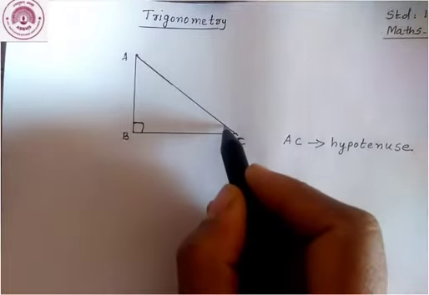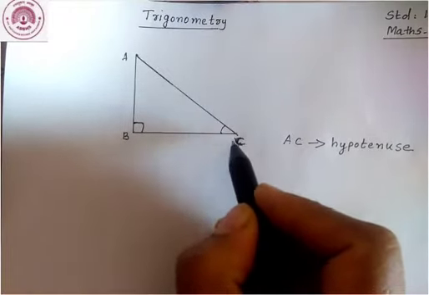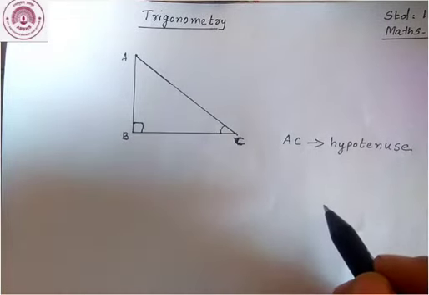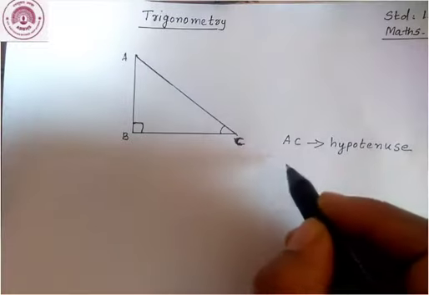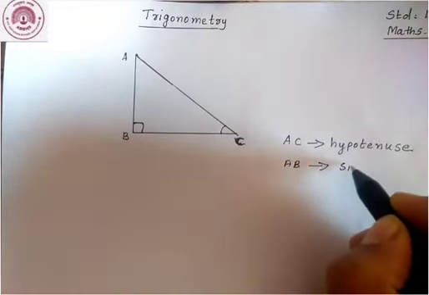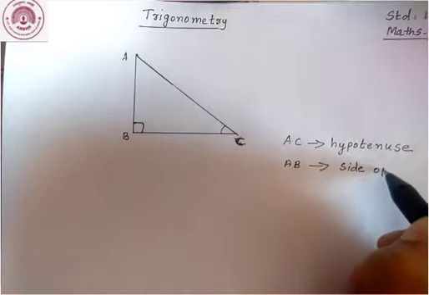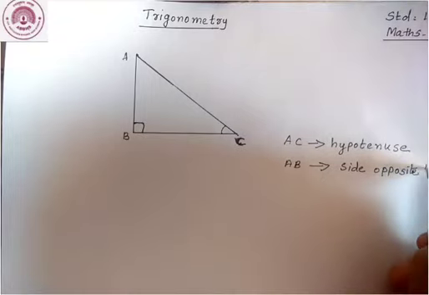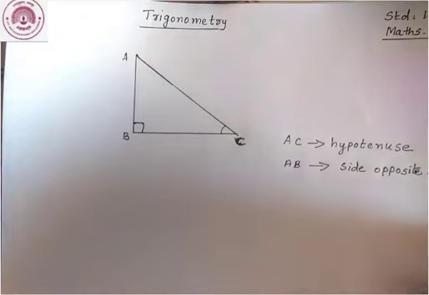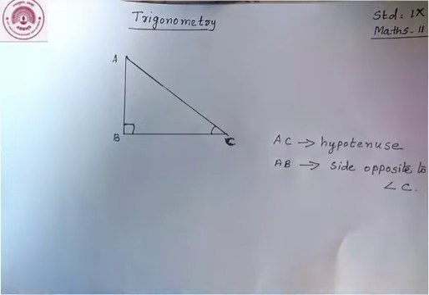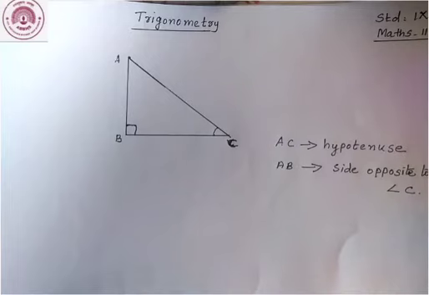When we consider angle C, the side opposite to angle C is AB. You can write AB is the side opposite to which angle? Opposite to angle C. Now, what about BC?